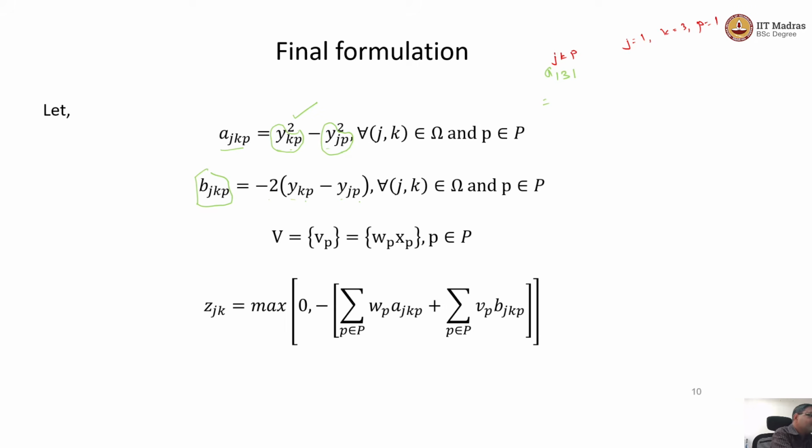You will calculate this as y31 squared minus y11 squared. K is 3, attribute 1, J is 1, P is 1.